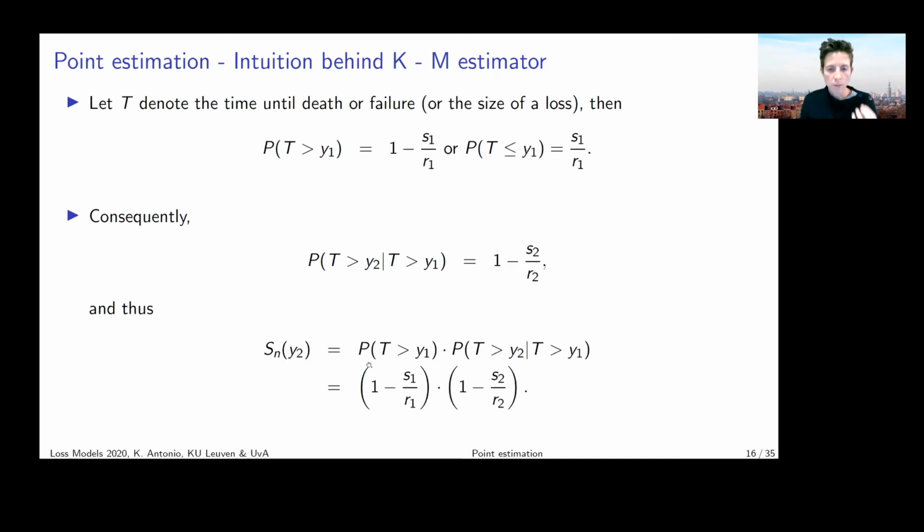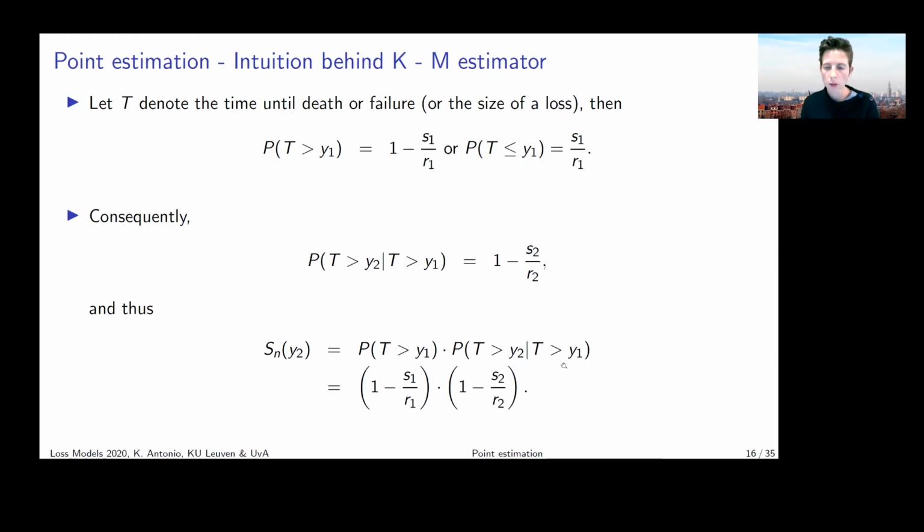So I can write that survival probability, in conditional thinking, as a product of survival probabilities. Those who are in the life insurance mathematics course know how that goes: the k-year survival probability is a product of 1-year survival probabilities. It's the same kind of conditional thinking that you see happening here.